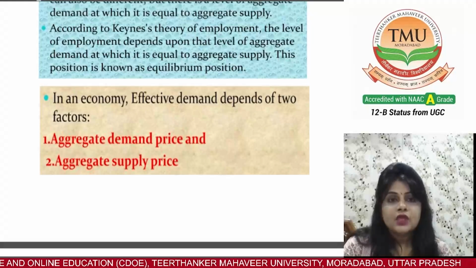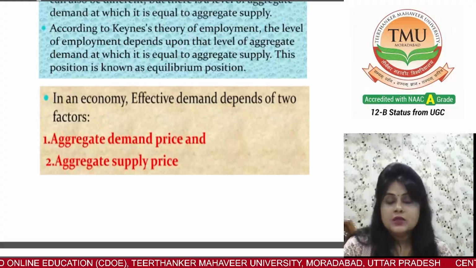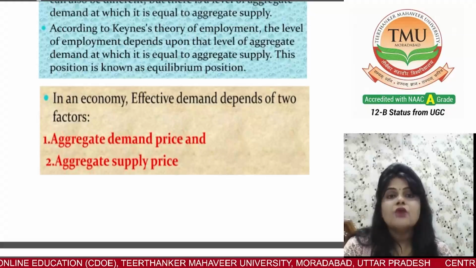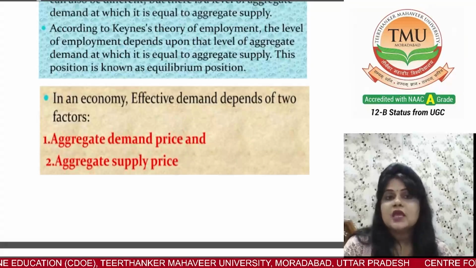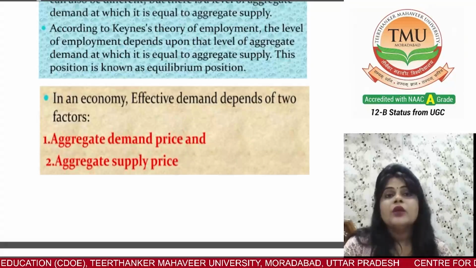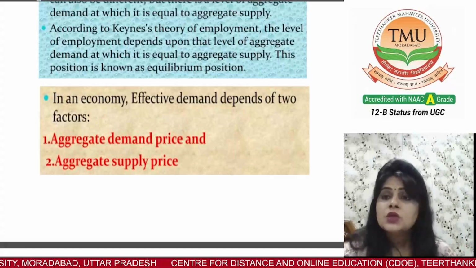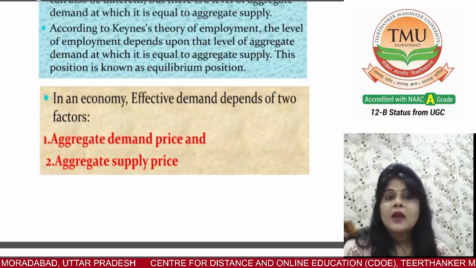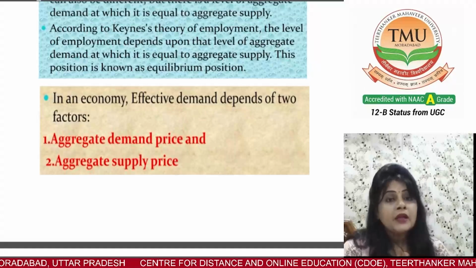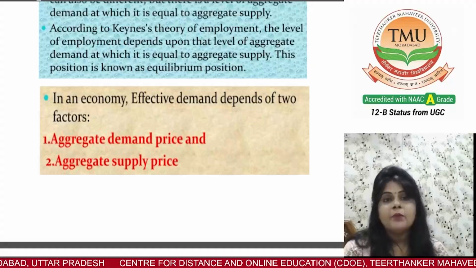In his book, The General Theory of Employment, Interest and Money, 1936, Keynes gave his theory. He not only criticized the classical macroeconomics, but also presented a new theory of income and employment.